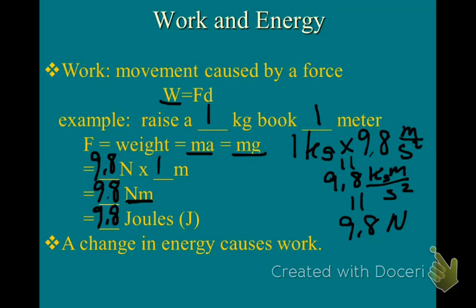Now the bottom part here, a change in energy causes work, represents the fact that if we do some kind of work on something and the work gets stored, like it can come back out, we're going to call that energy. Energy is what gets used to cause work to happen.